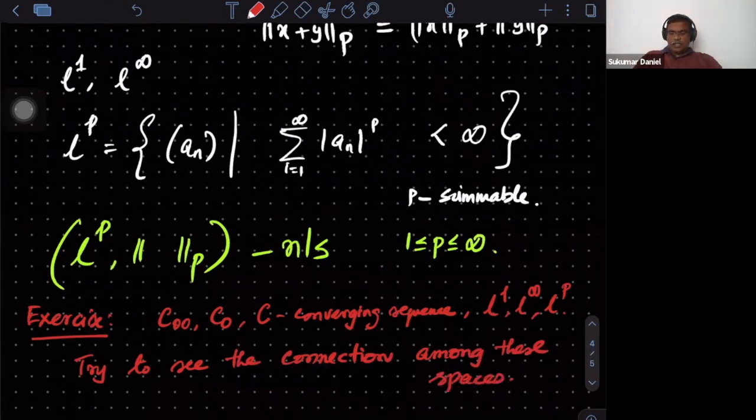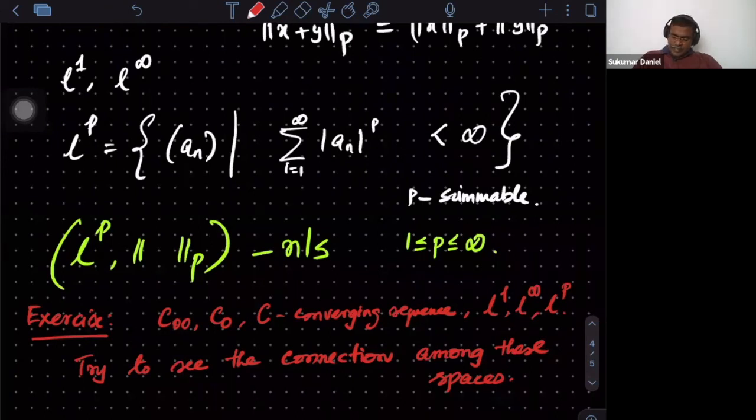So what do I mean by that? Which is a bigger space, which is a smaller space, and in which space you can define which norm. If something is a subset of the other one, then that norm can also be defined. But there is also another norm here, so you can look at all this.